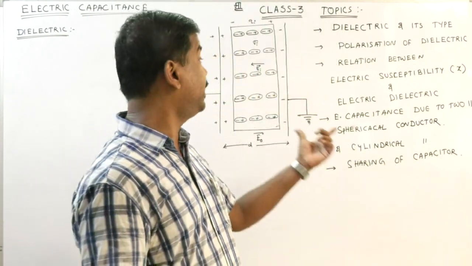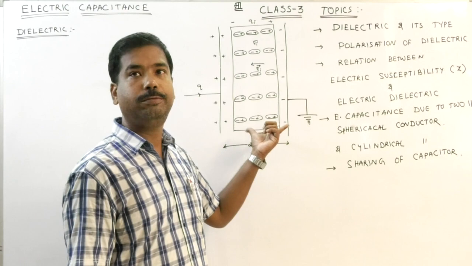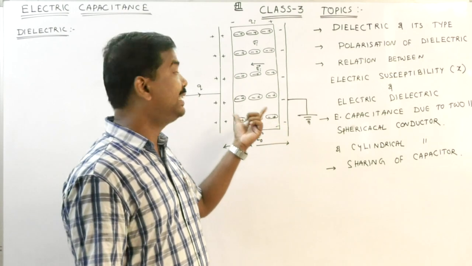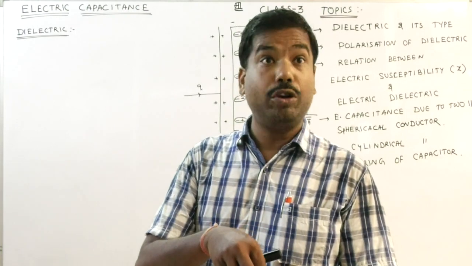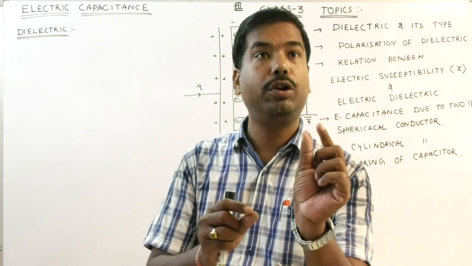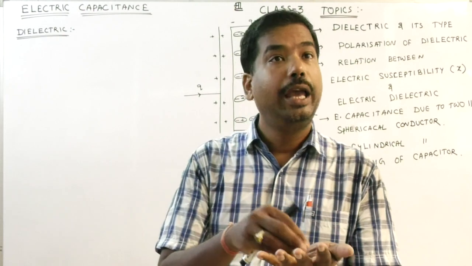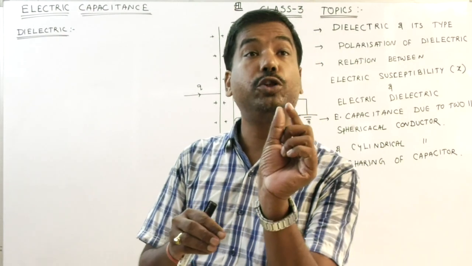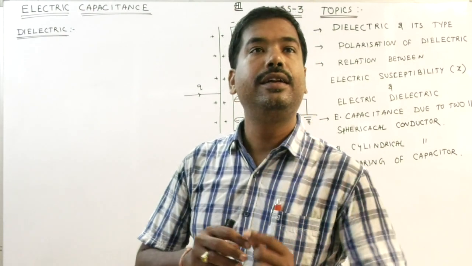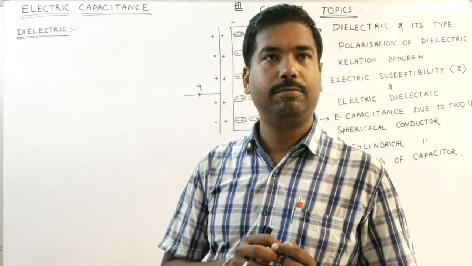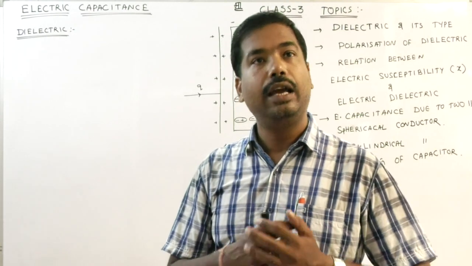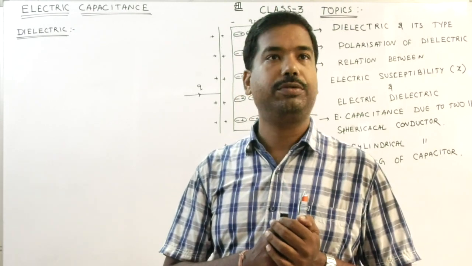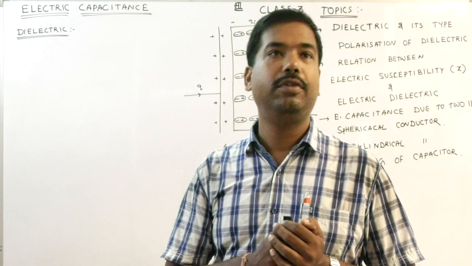When a dielectric is placed in between the parallel plates, a charge is induced, that is, each atom is an electric dipole. What happens? They are having equal number of positive and negative charge. The positive charge and negative charge get displaced. Okay? And depending upon that displacement, again the dielectrics are categorized into two types. We will discuss in detail. Okay?